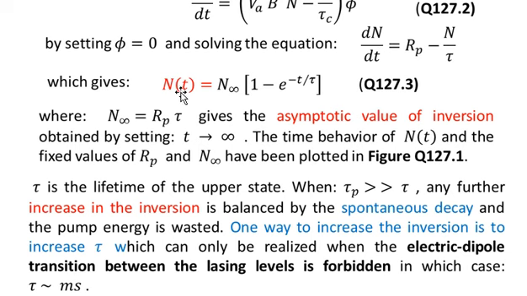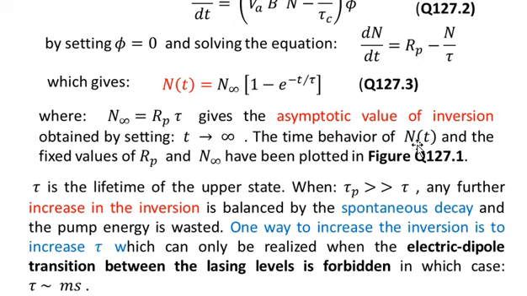So the population inversion, that is n of t, will increase from its initial value, for example from 0, and it will reach the n infinity value asymptotically at a very large value of time.